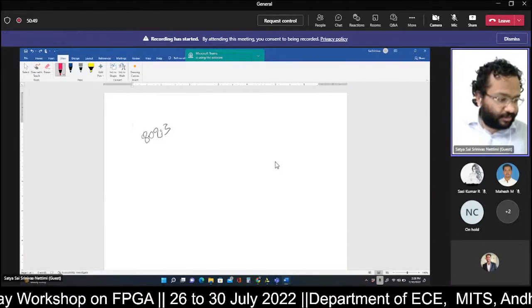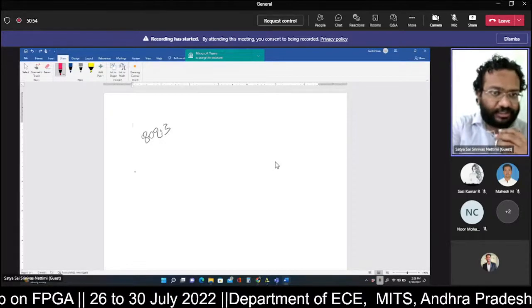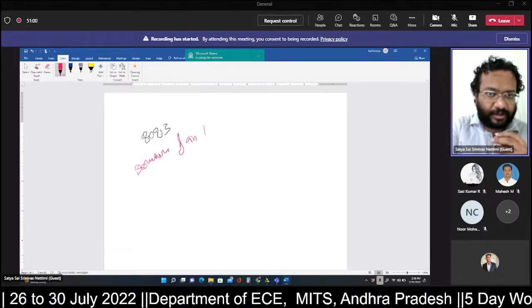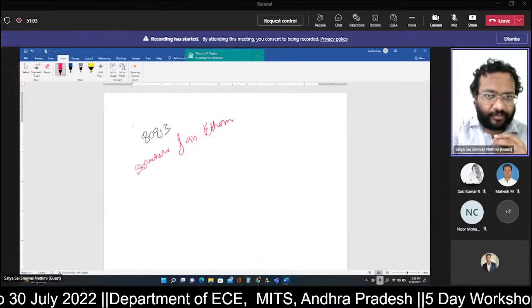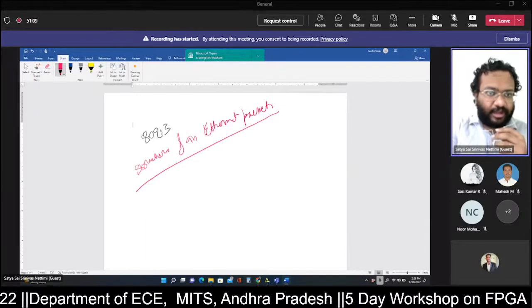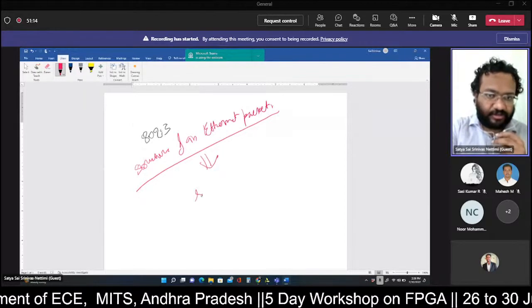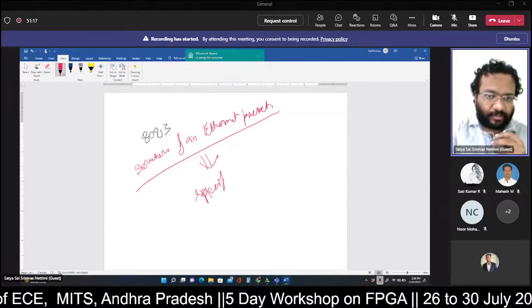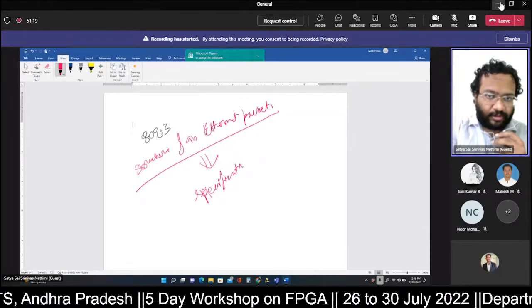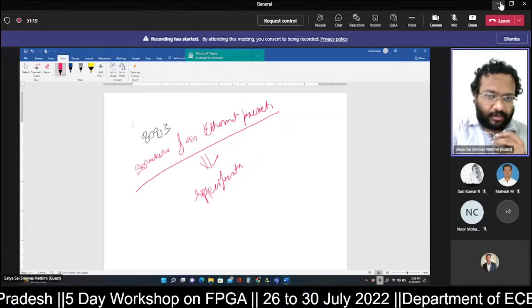In that one particular IEEE standard, they have specified the structure of an Ethernet packet. So we take that structure as our design specification, and accordingly we try to develop a hardware architecture which generates the Ethernet packets.